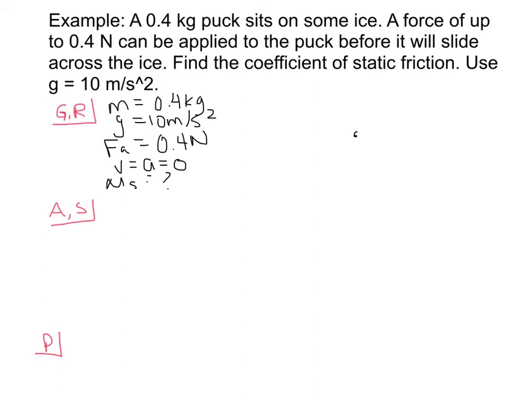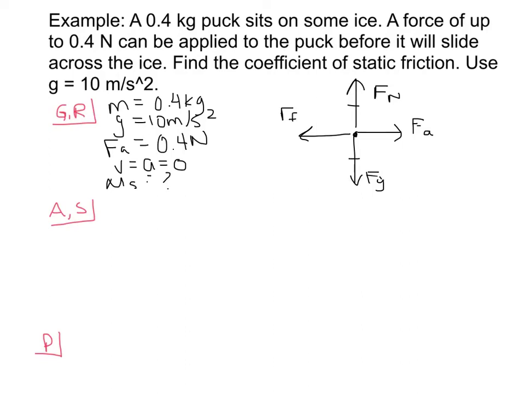So we'll draw our free body diagram. It has to have a gravitational force on it, and it's sitting on a surface, so it has to have a normal force. And since we're not on an incline, these are going to be opposite and equal. And we know we're putting an applied force on it, so there must be something holding it back from moving, and that's the frictional force.